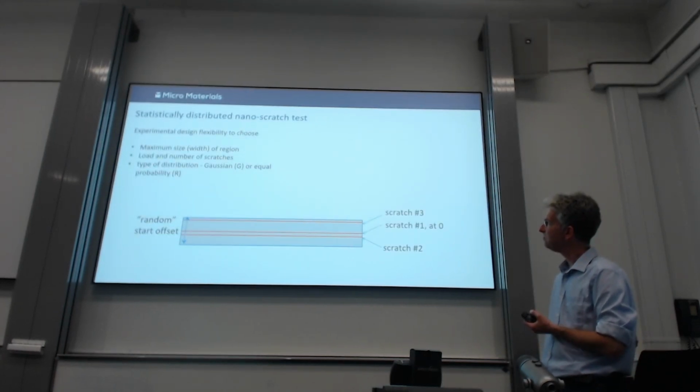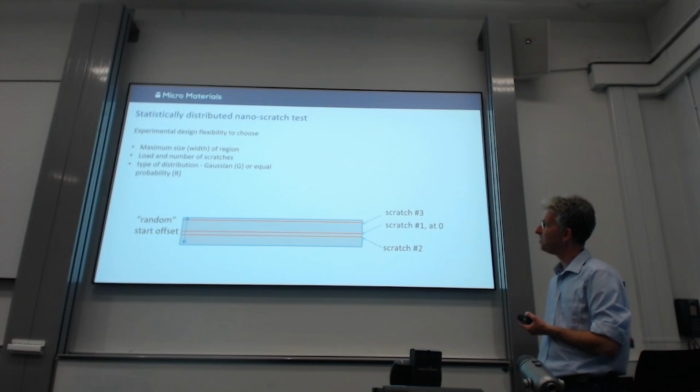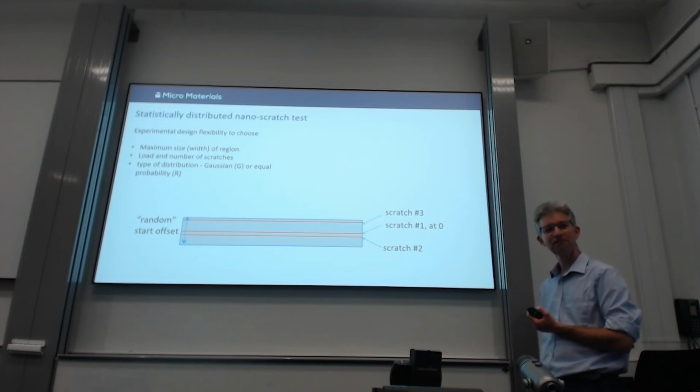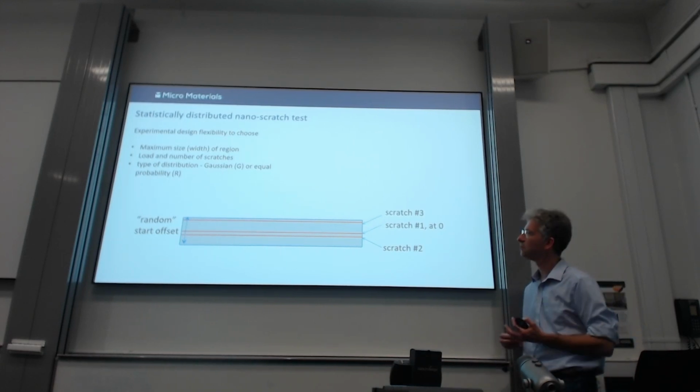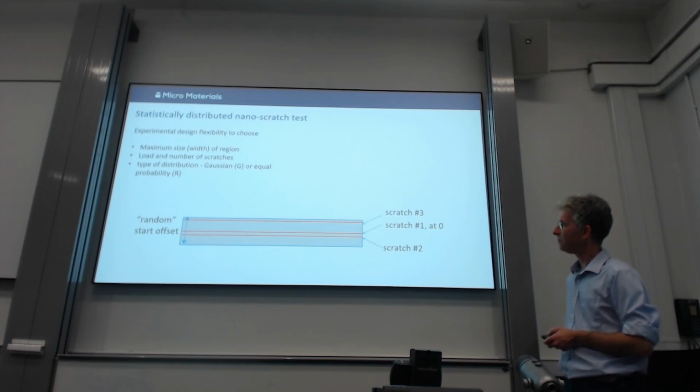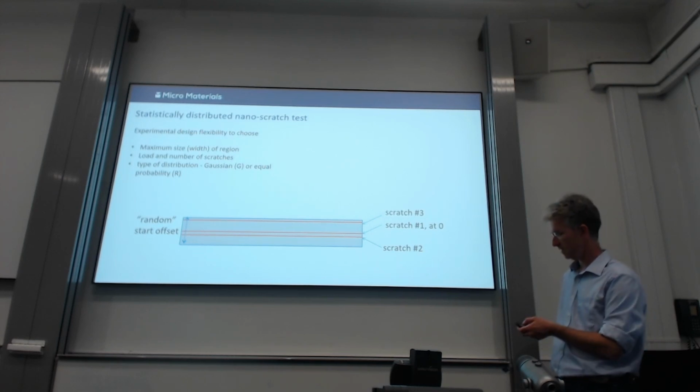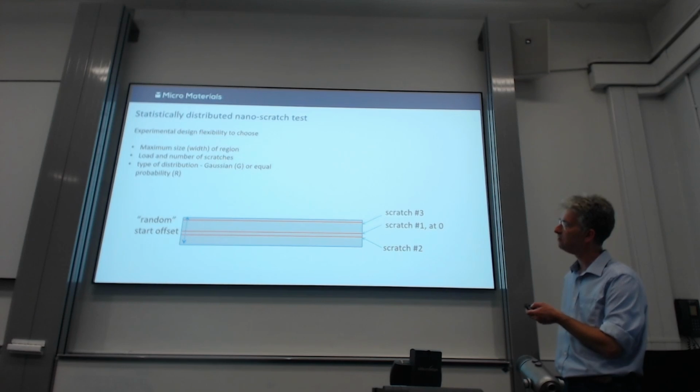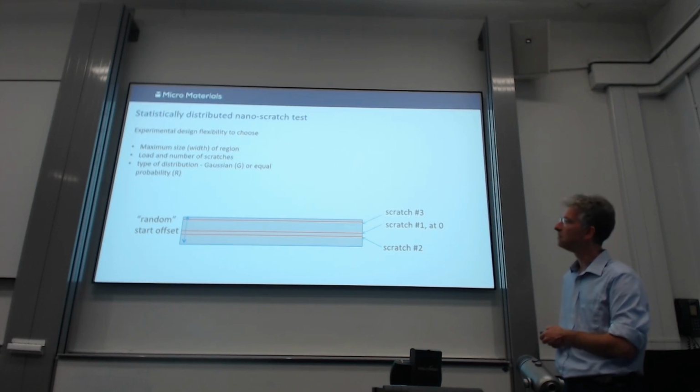So statistical or spatially distributed, I'm not sure what the right word is, random, spatially, statistical, it depends what you want to call it. If we call it a statistically distributed nanoscratch test, as Thomas introduced earlier, the first scratch is in the middle, and then the scratches are arranged around that with a set statistical distribution where you choose the size of the width, you choose the number in the region, and you check the load and things like that.